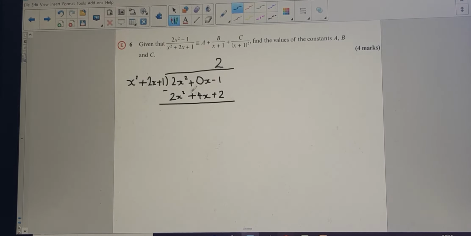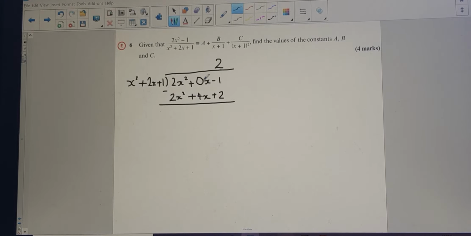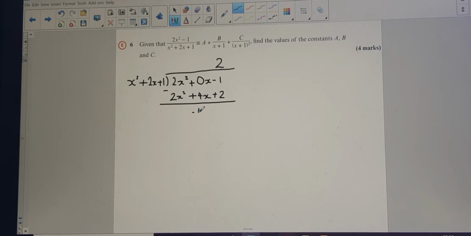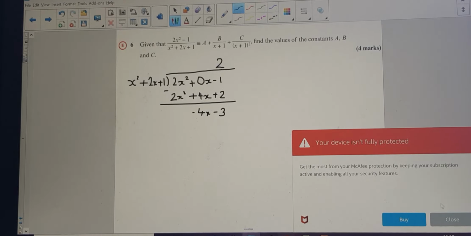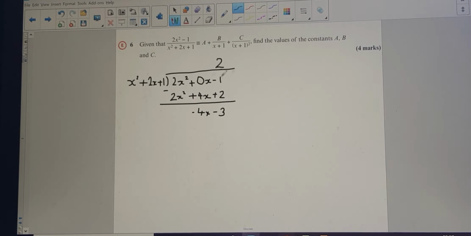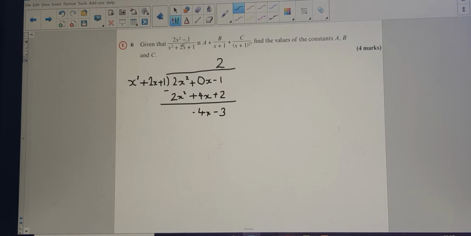Now I'm going to take those things away. That cancels. 0 minus 4x is going to give me minus 4x. Minus 1 minus 2 is going to give me minus 3. Okay, so that's my remainder there.